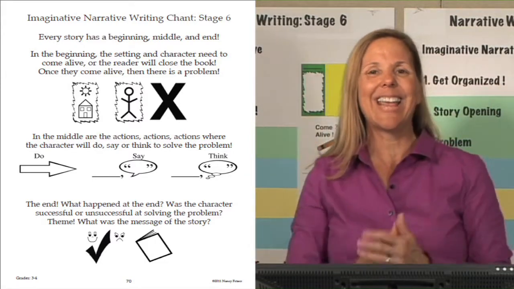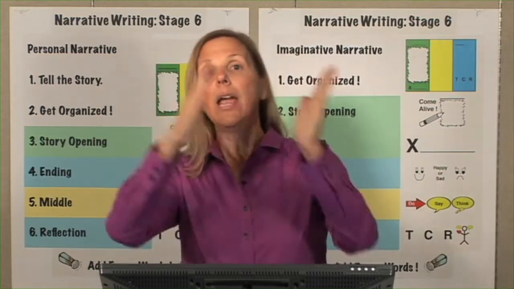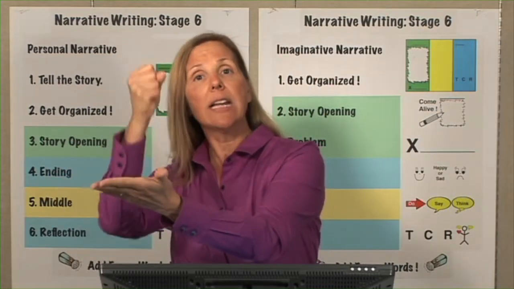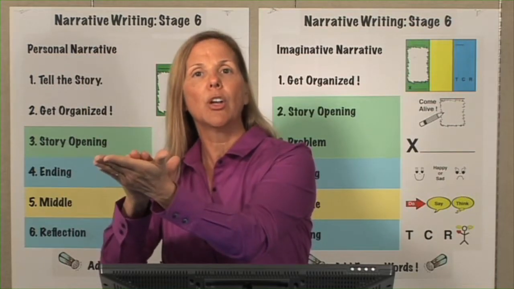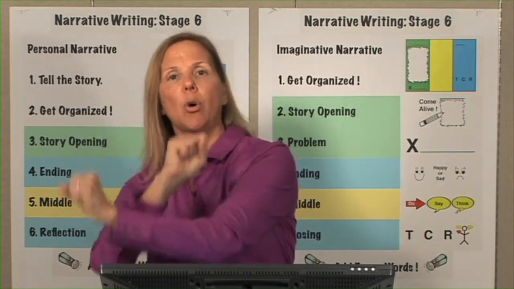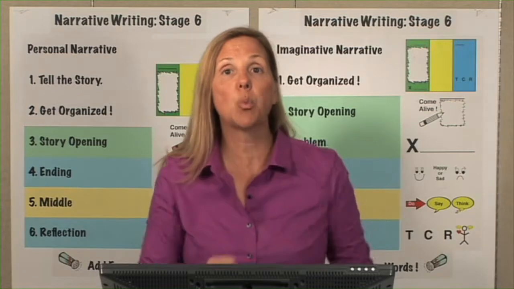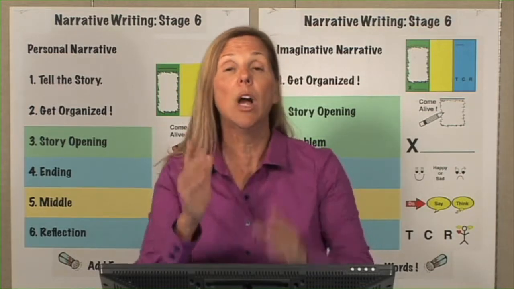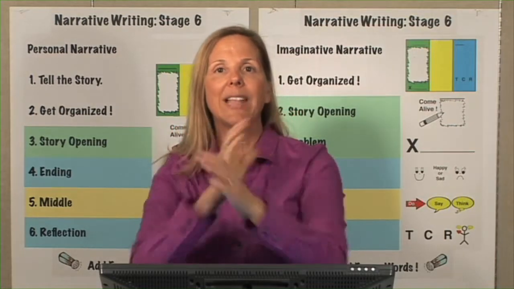Let's go back and say the whole thing again. Every story has a beginning, middle, end. In the beginning, the setting and character need to come alive or the reader will close the book. Once the setting and character come alive, then there's a problem. In the middle are actions where the character will do, say, or think to try to solve the problem.